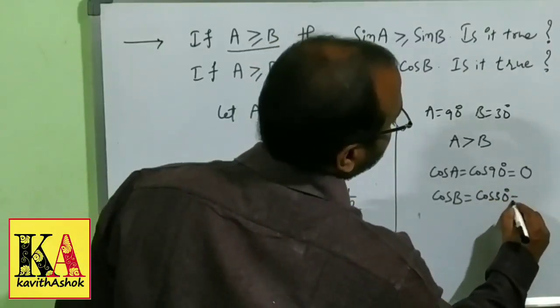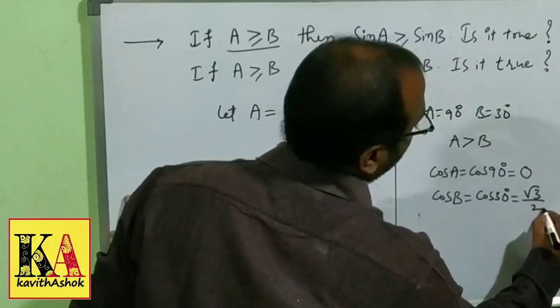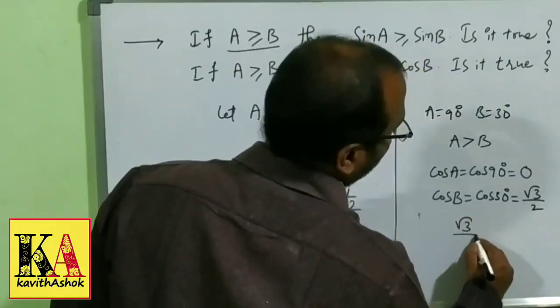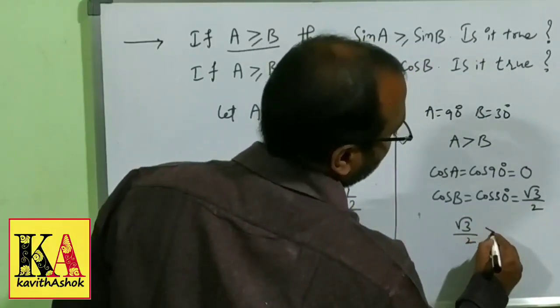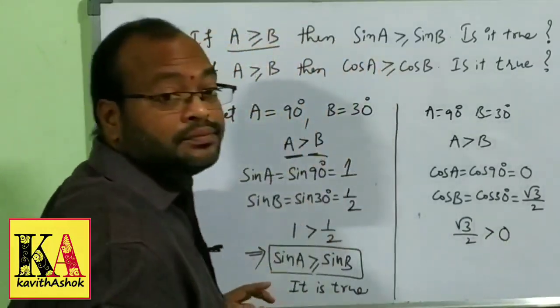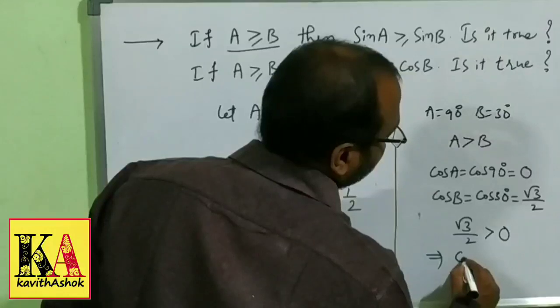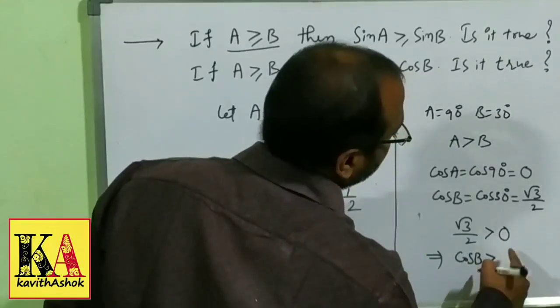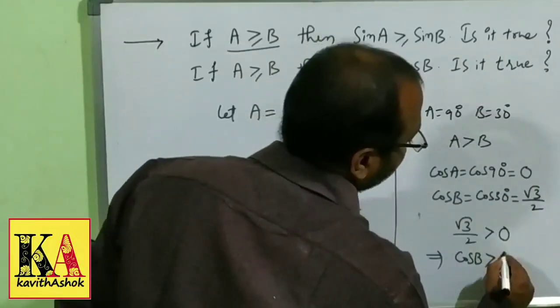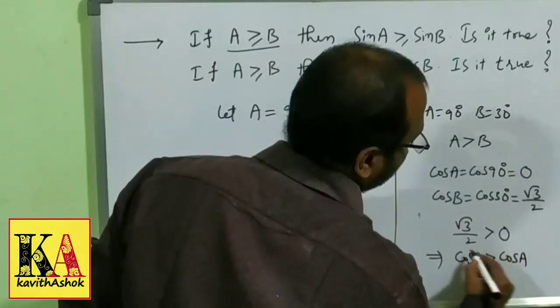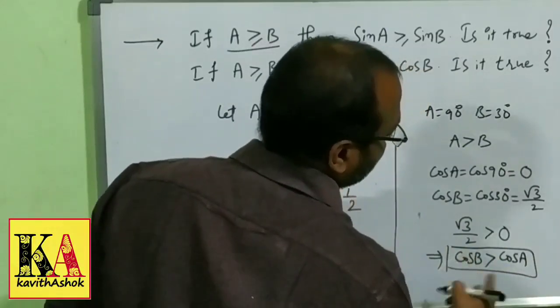Cos 30 is nothing but sin 60. This is nothing but root 3 by 2. We already know root 3 by 2, a positive value, is always greater than 0. So here cos B is greater than cos 0, that is, cos A. Cos B value is greater than cos A.